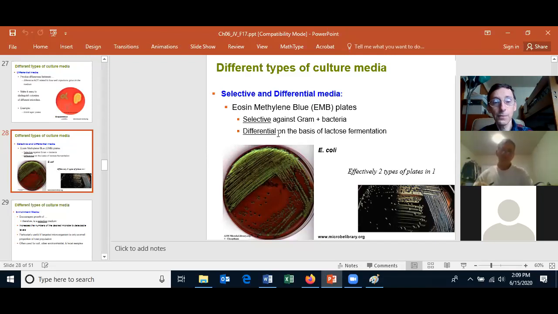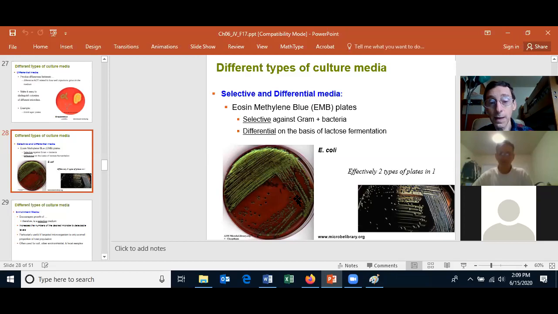It's differential. Sorry? So only gram-negative bacteria would grow in that? Essentially, gram-negative bacteria would grow in this plate. Now, it's not perfect on its selection. So sometimes the gram-positive will be inhibited, but not inhibited 100%. So you would see slight growth on a certain bacteria that's gram-positive.